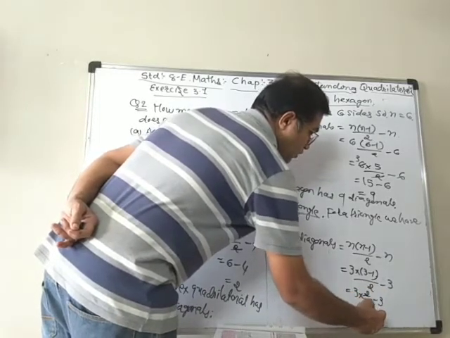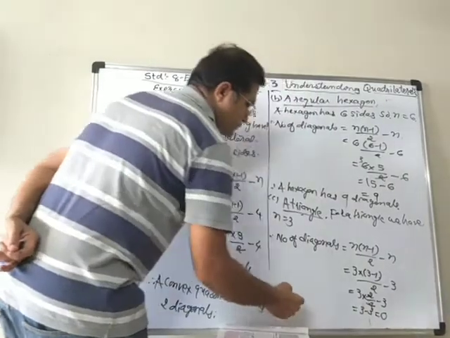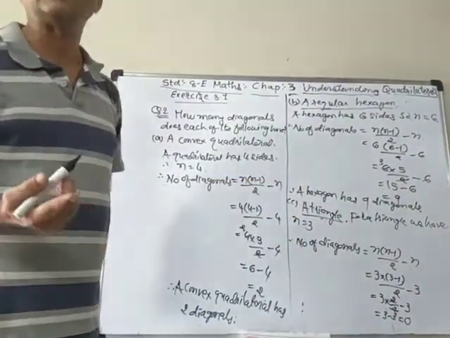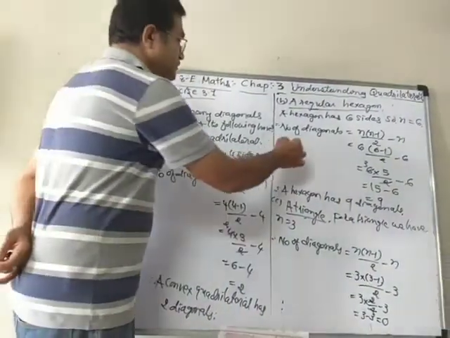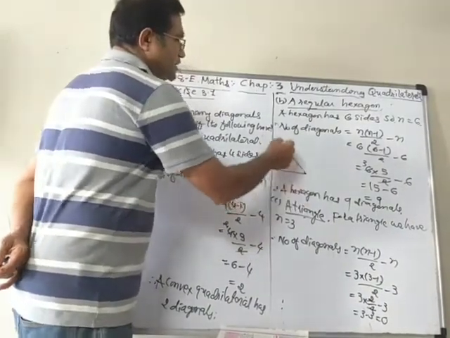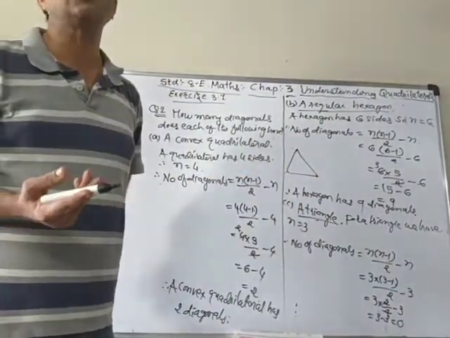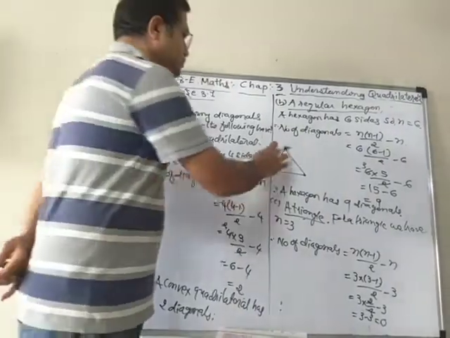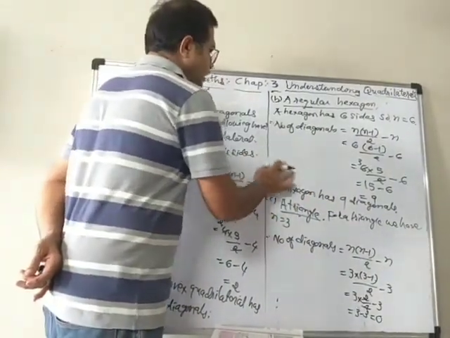Oh, it is 0. Therefore, we know that a triangle does not have any diagonal, because all the vertices are consecutive, and it does not have any non-consecutive. So we cannot draw any diagonal.